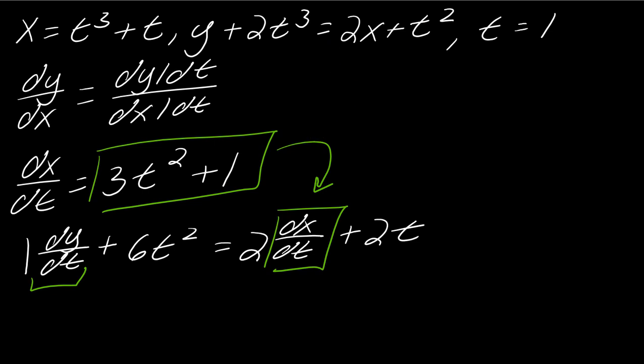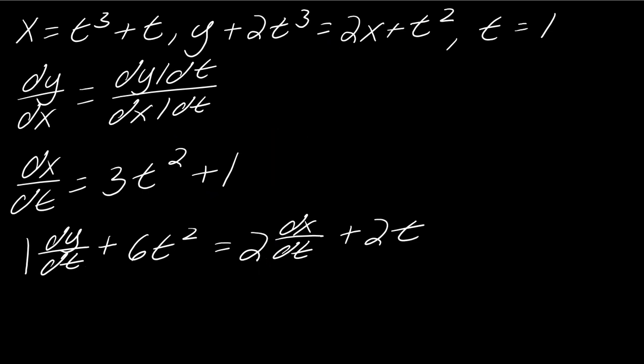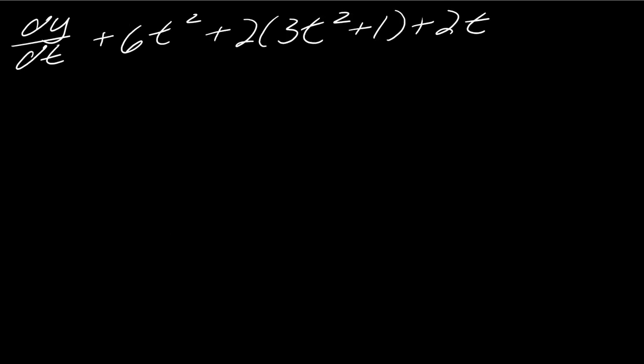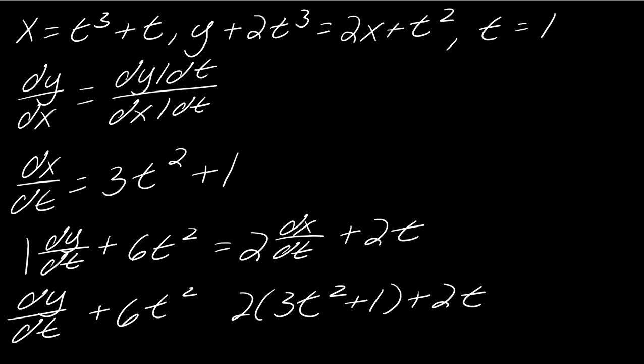Let me clear some space. I'm going to rewrite this as dy/dt plus 6t squared plus 2(3t squared plus 1) equals 2t. Oops, I think I lost my equal sign in the previous step.